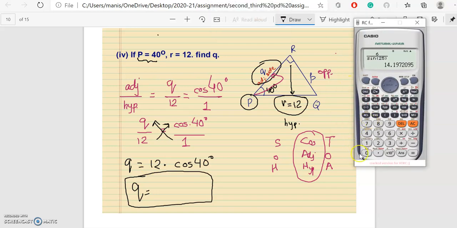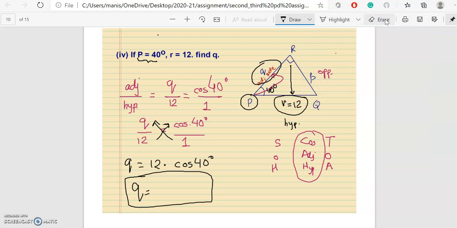Let me hit clear. 12 times cos 40, and we close this. Why didn't we put degree? Because this is already in degree format over here. 9.19. So your answer is Q is equal to 9.19.